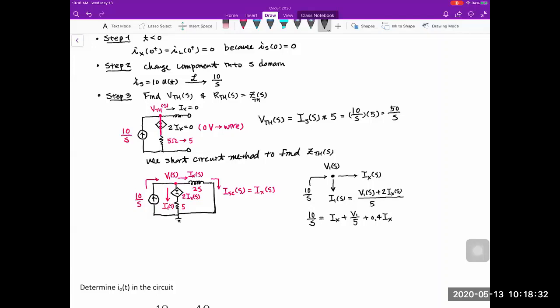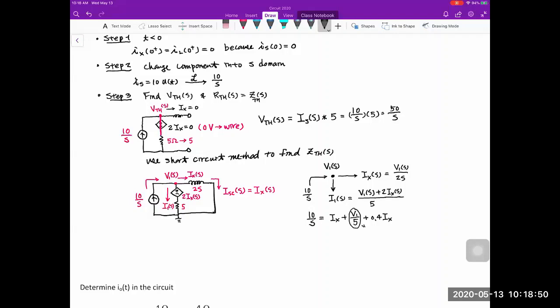So I also know this one is equal to V1 of S over 2S. So I can put this into this equation as well. Just replace this one here.